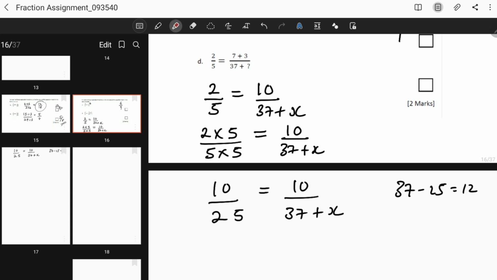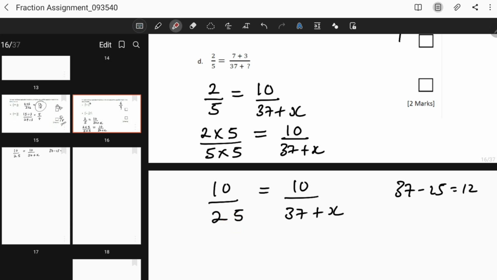But the challenge here is that you have a symbol here which is plus. You can't possibly write 37 plus 12 because that will be bigger than 25, which means that our x will be minus 12. See the reason why I said that x will be minus 12 and not 12. If you write 37 plus 12, it will be bigger than our denominator, and that is not true.